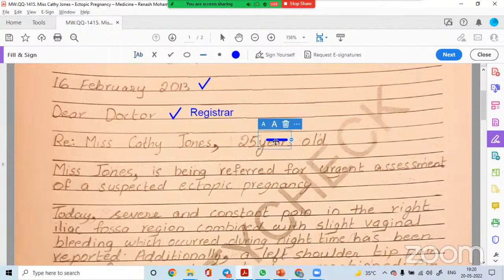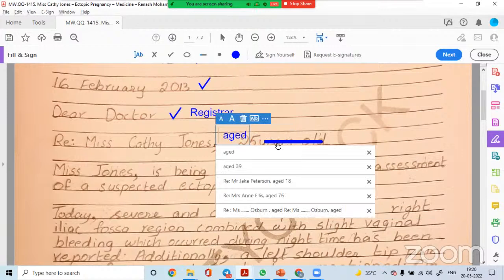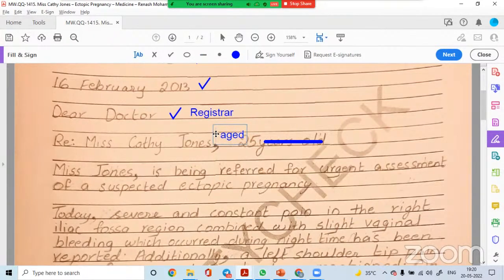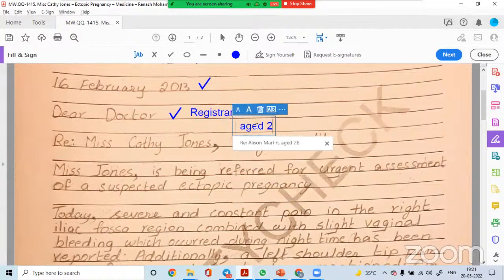Don't write 25 years old. That is two words. Why do you want to waste? Aged 25. You can write like that. So you can remove that one and say aged 25.